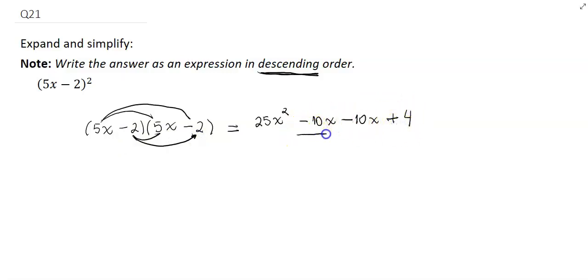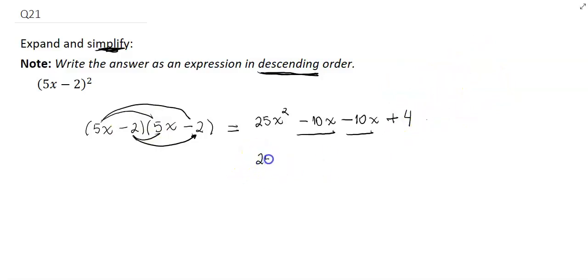I can combine, and I must, because it has to be simplified. They tell to expand. Expand means I'm going to use the definition of exponent to expand into a multiplication of two of the bases. And then I simplify by combine like terms.